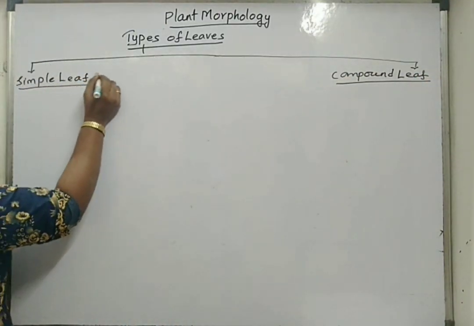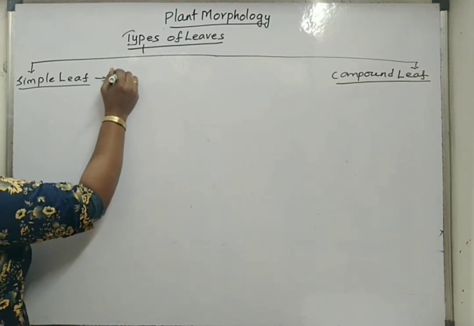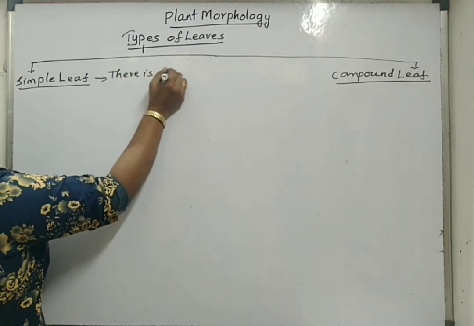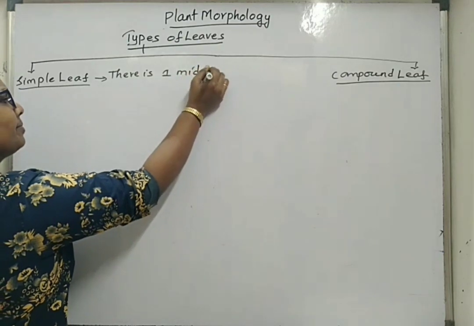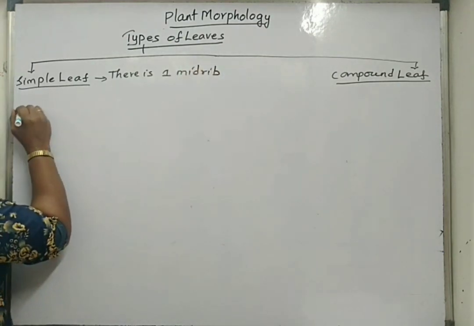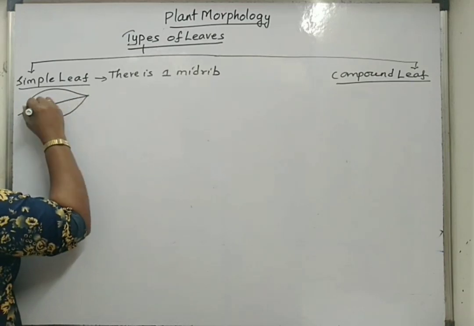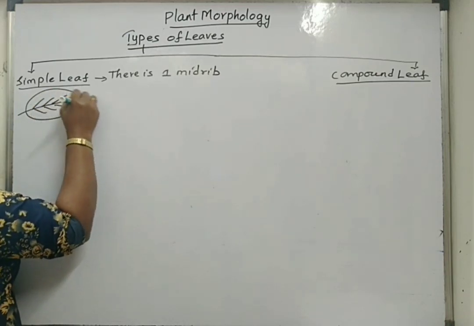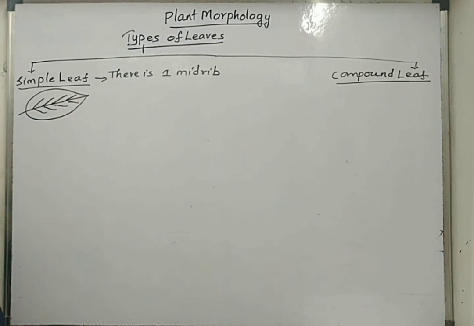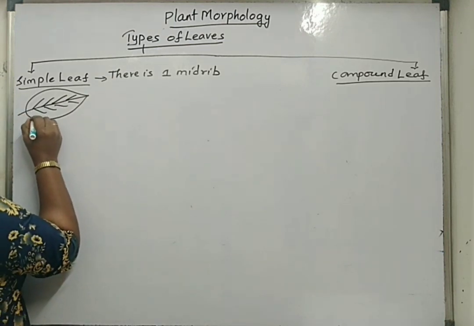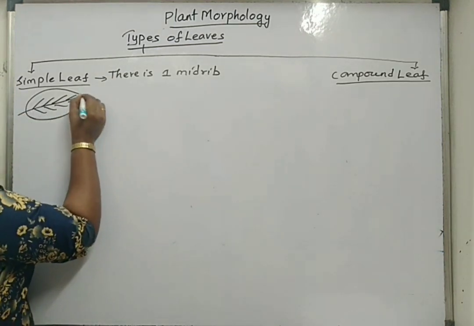Under simple leaf, there is one midrib. Normally, if you want to draw a leaf, we will draw like this. Generally, we will draw the structure of a leaf like this. But here, there is no cut in the leaf margin.